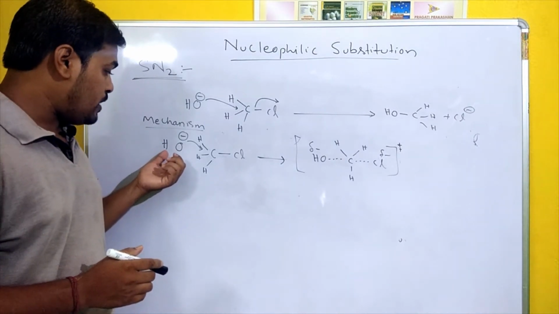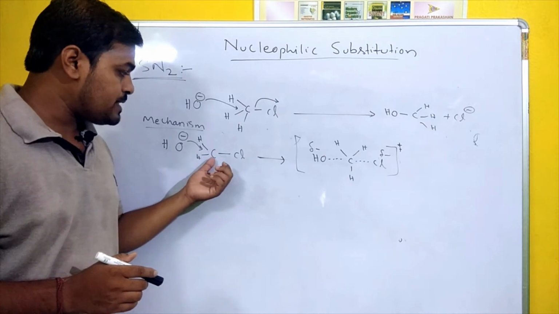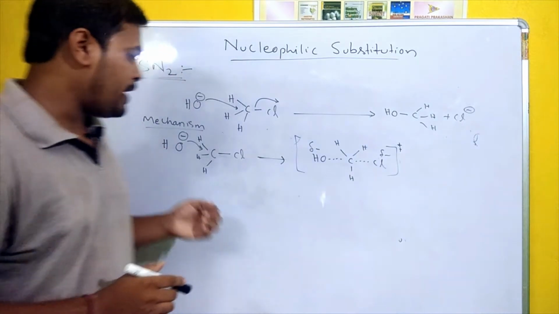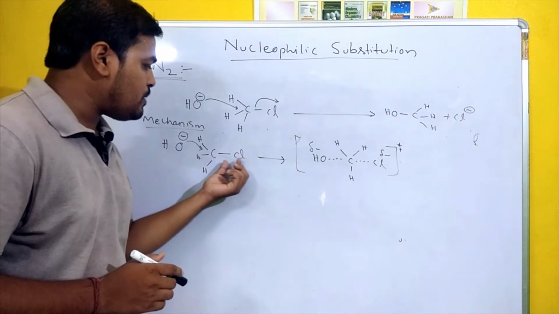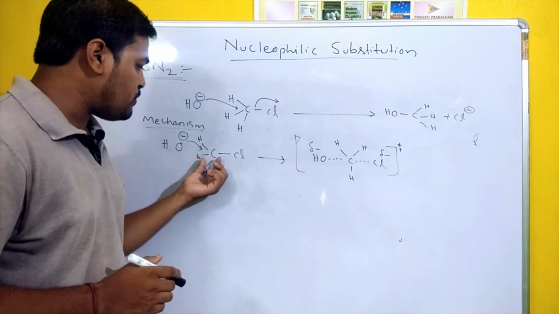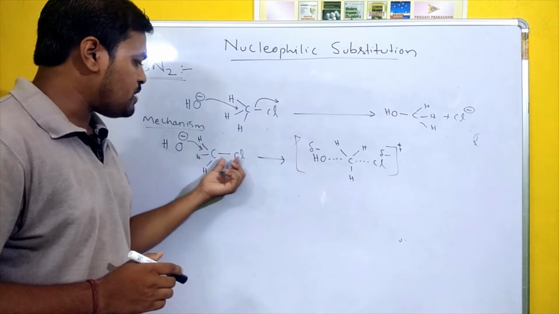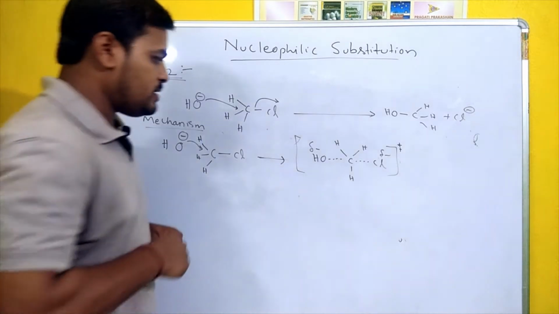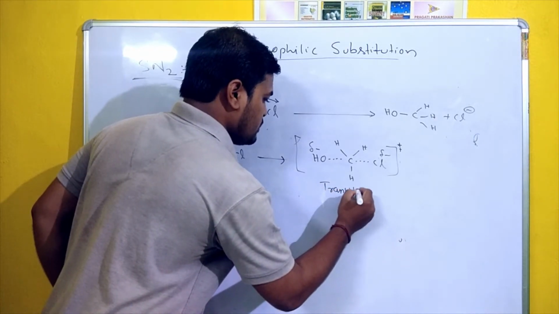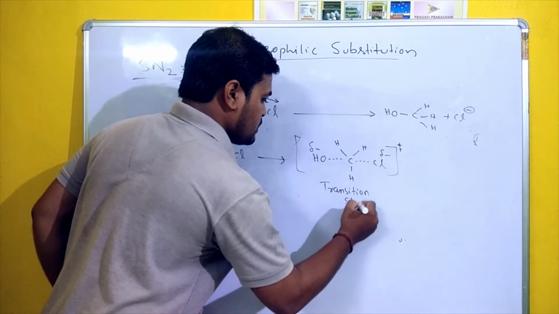When the nucleophile attacks the carbon, which is partially positive, a transition state is formed where the nucleophile is partially bonded with carbon and carbon is partially bonded with chlorine. So this is the transition state.